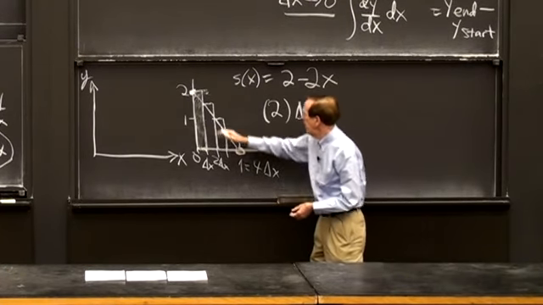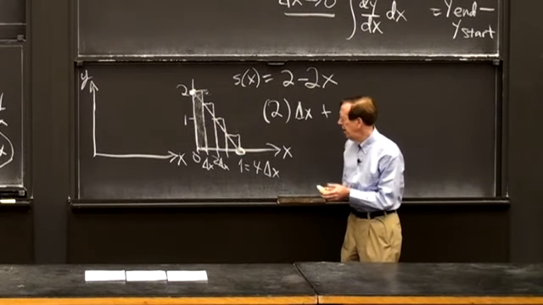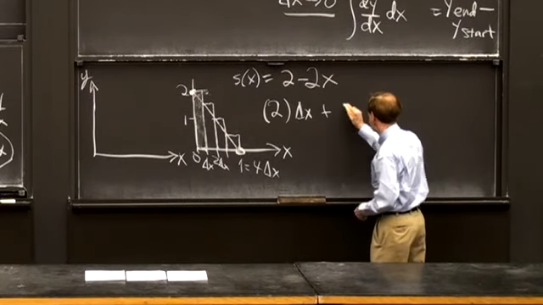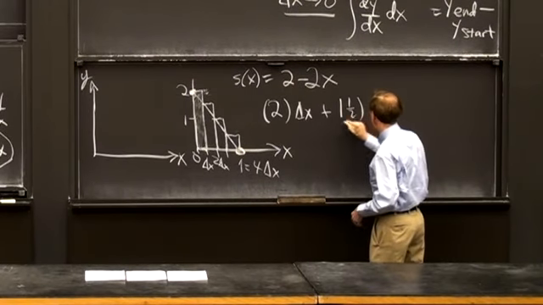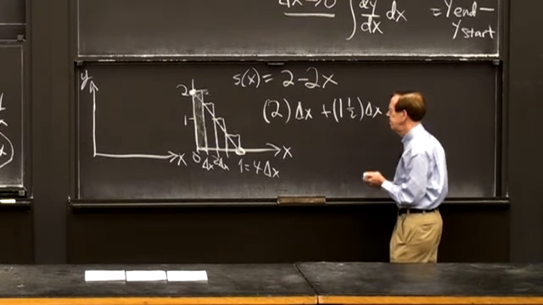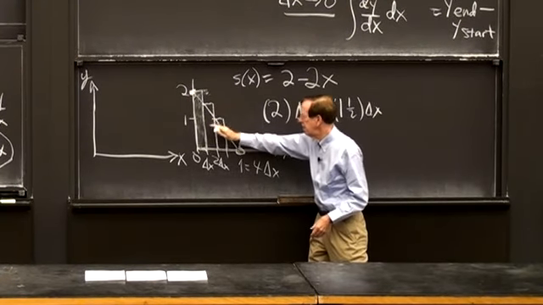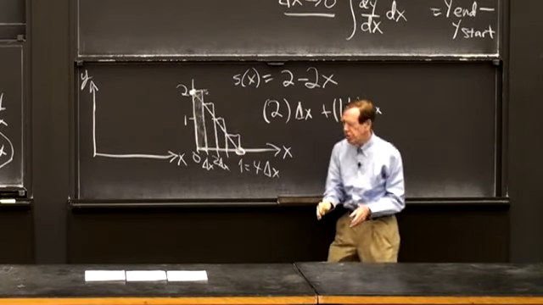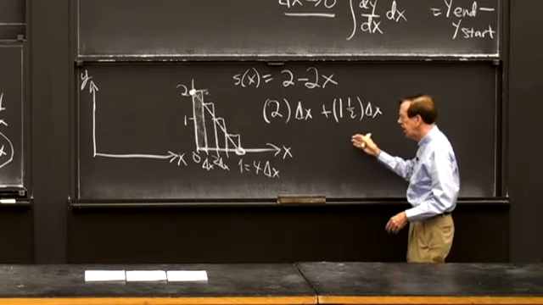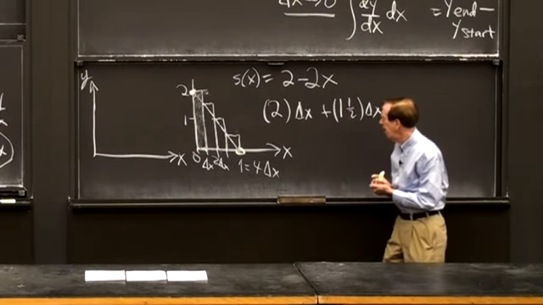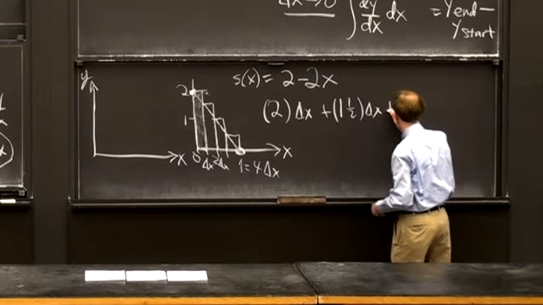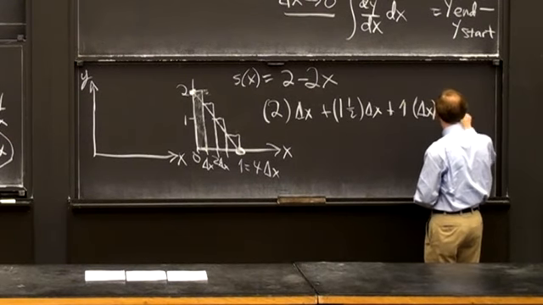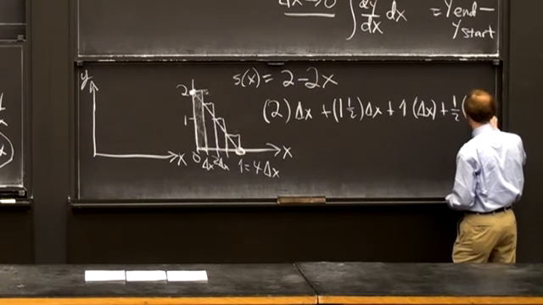Now over the second short period, I'm going to fix my speed at 1.5. 1.5 times delta x, because my speed, I'm setting at 1.5, and this is how long I go. So this is a distance, or a change in height, a change in y. And you see what's coming. The next one will be a 1 times the delta x, and the last one will be a half times the delta x.